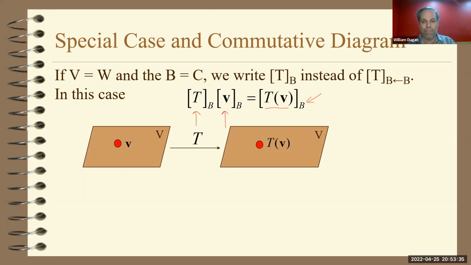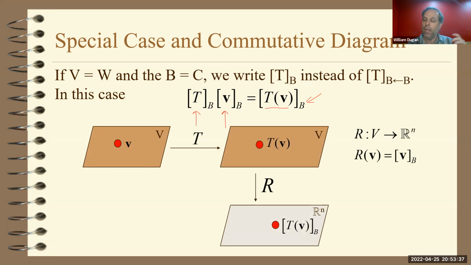Then from here, you could find its coordinates relative to B. And when you do that, you're actually applying another linear transformation, the transformation that assigns a vector to its coordinates relative to B. We know the mapping of coordinates relative to B is 1 to 1. And since V and Rn have the same dimension, R would be not only 1 to 1, it'd have to be onto also by the theorems you learned last time. So then R is actually an isomorphism.